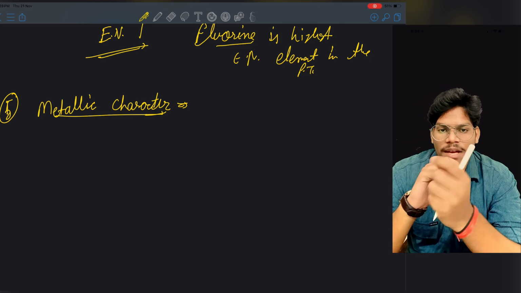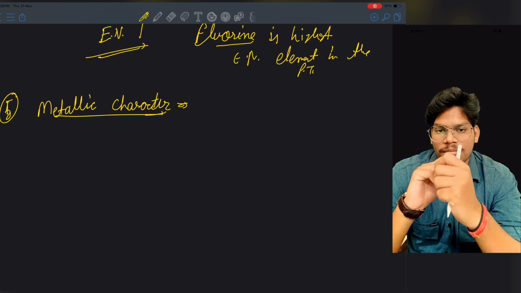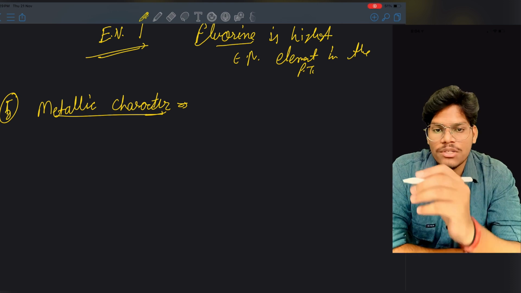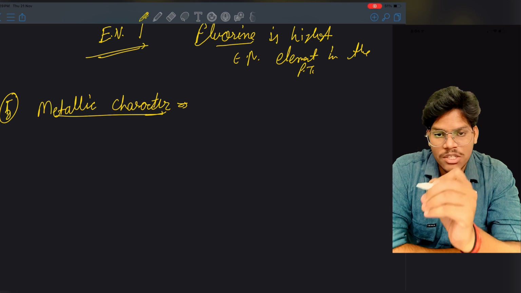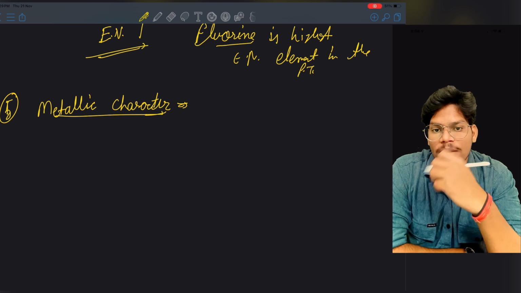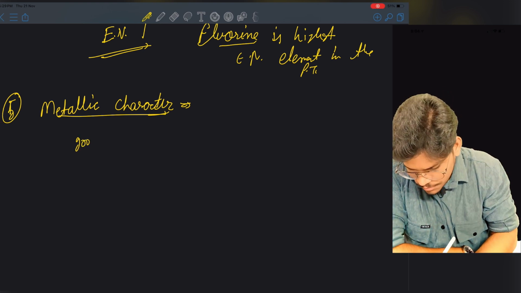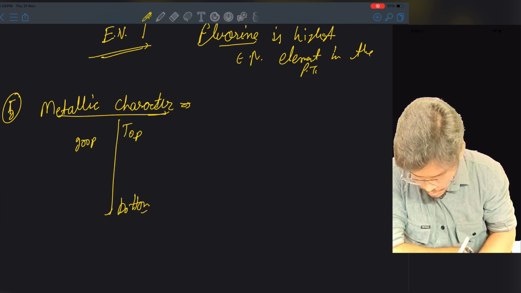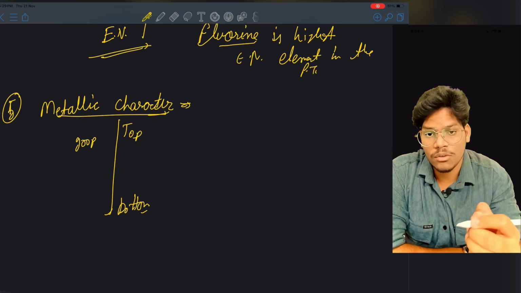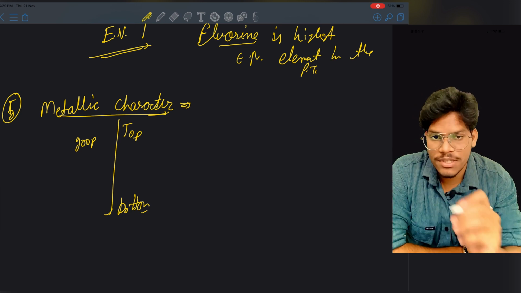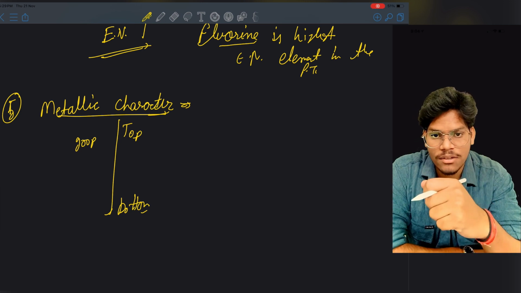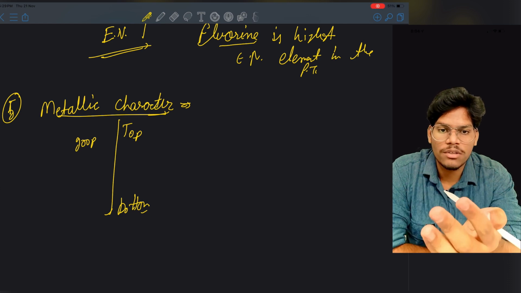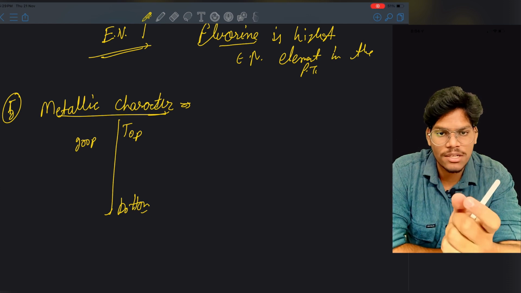Metallic character is defined by how easily or how difficultly an atom loses an electron. So if an electron is removed more easily, that atom has a high metallic character. When we go in a group from top to bottom, electron removal is easy because the atomic radius is increasing, so the nuclear attraction force decreases.